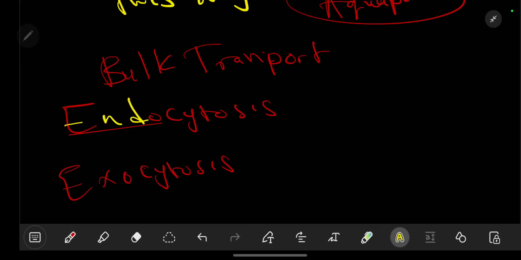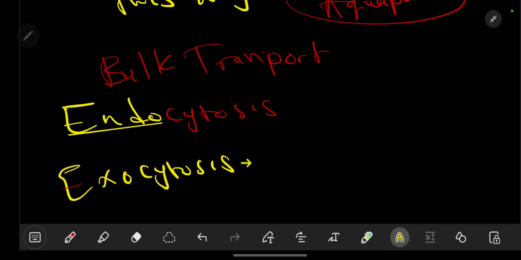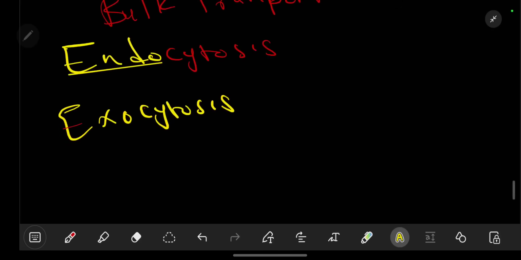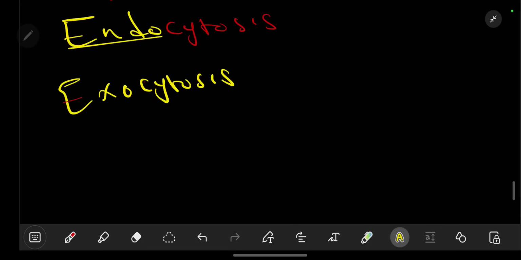So endocytosis involves the movement of substances towards the inside of the cell, exocytosis towards the outside of the cell. Substances that are very large, such as bacteria, pass through endocytosis and exocytosis.